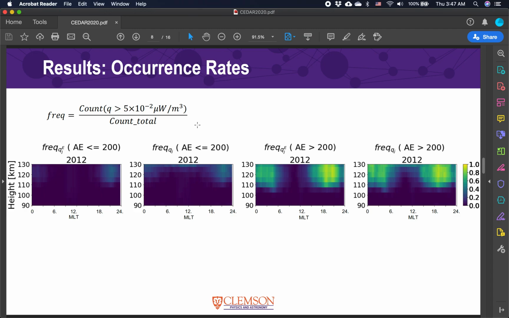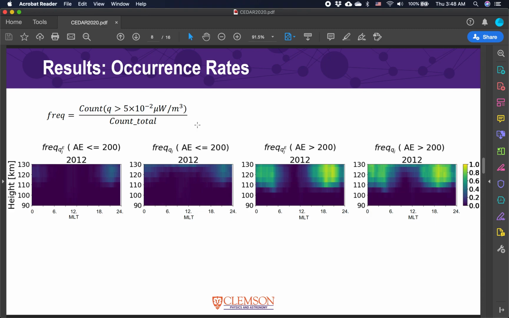Here on the left it shows the result under quiet condition, and on the right it shows the result under active condition. From the result in the left two columns, we see only weak occurrence rates in the evening sector and very close to zero occurrence rate in the post-midnight sector.